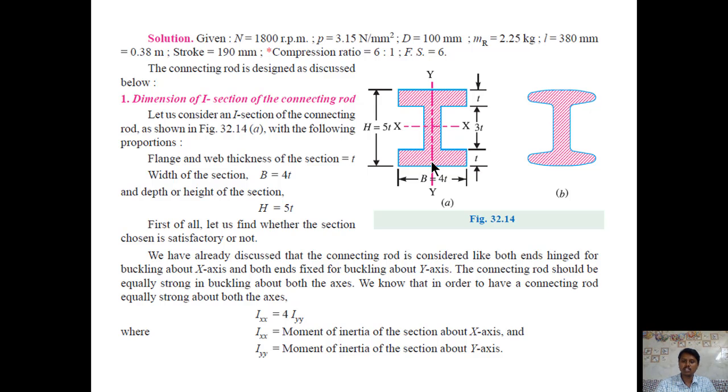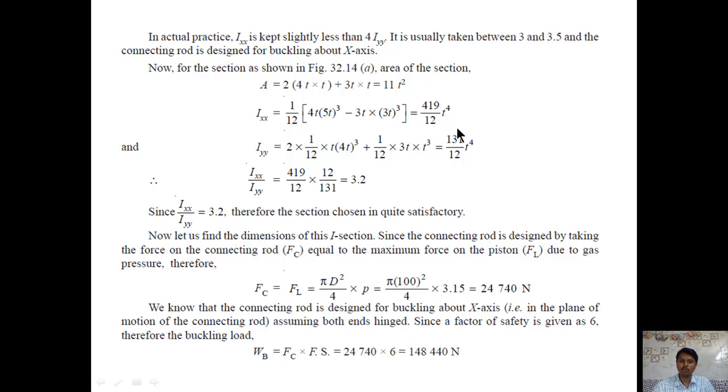For this rectangle, b is 4t and h is t; for the other, b is t and h is 3t. So Iyy will become 2 into t into 4t cube by 12 plus 1 by 12 into 3t into t cube, which is equal to 131 by 12 into t power 4.